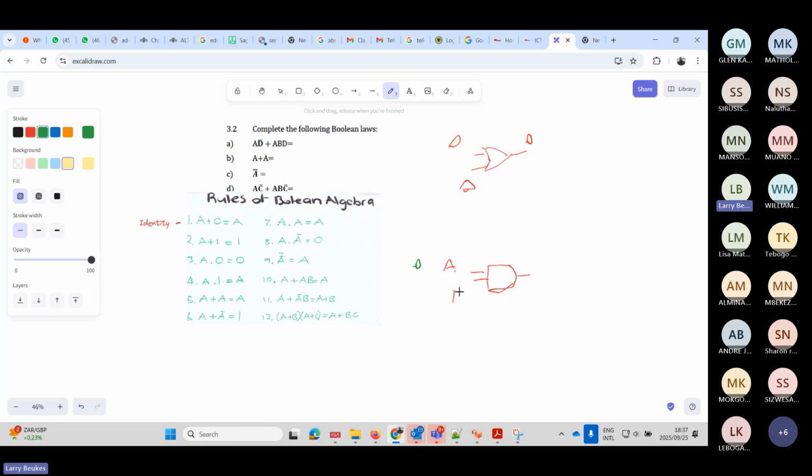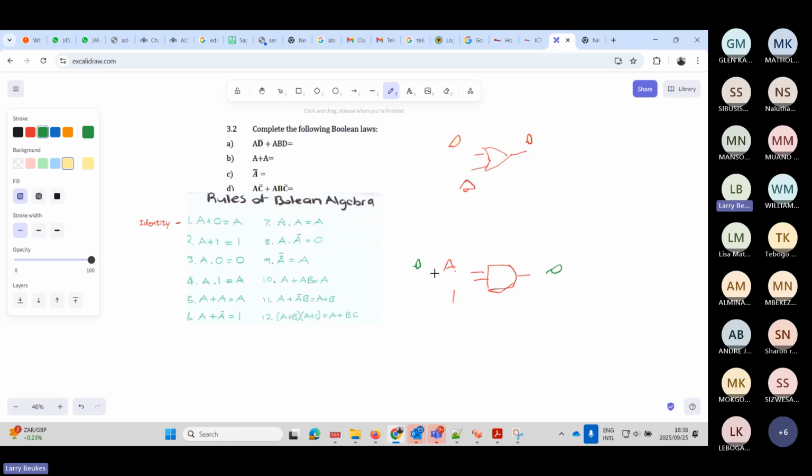Maybe some of you still don't believe me. So 0 ANDed with a 1, what is the output? The output is 0. Remember, for an AND gate to work, all the inputs must be high for the output to be high. If one of the inputs is low, the output will be low, right? That's how an AND gate works.